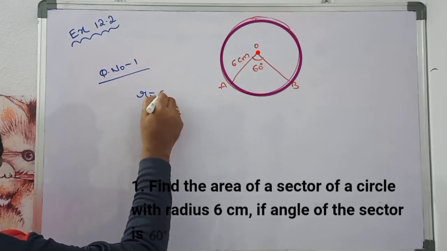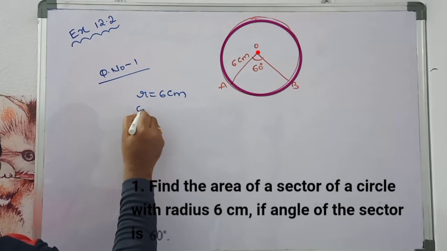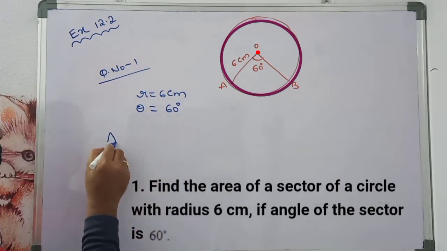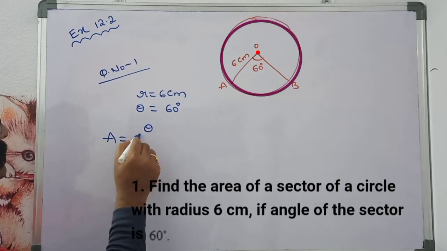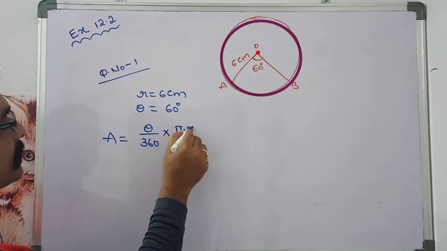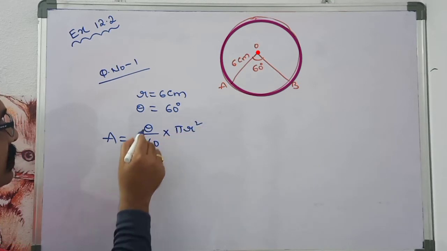Radius equals 6 centimeters and angle equals 60 degrees. Then area of the sector equals theta by 360 into pi r square. This is the area of the sector formula.